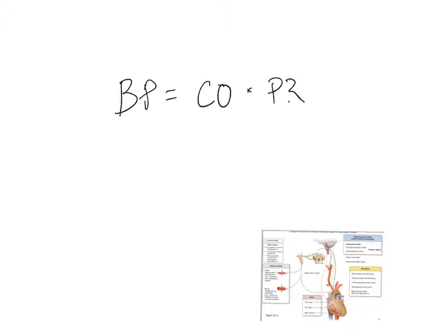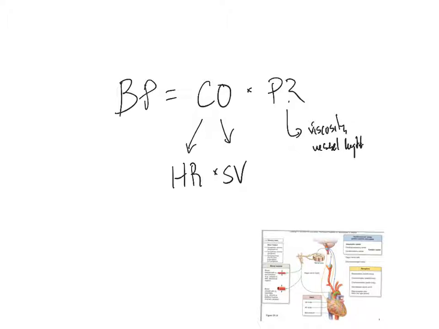So anything that affects cardiac output can affect heart rate, because that's heart rate times stroke volume. And peripheral resistance can be your viscosity of the blood, it could be vessel length, and also lumen diameter. Altering these things will alter peripheral resistance.